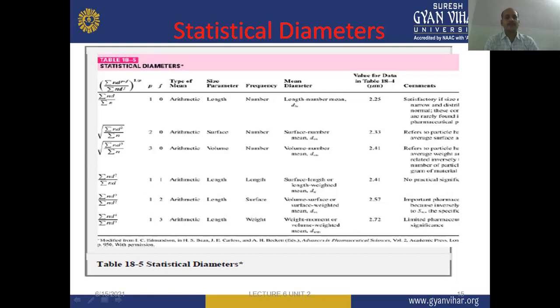When we go through Edmondson's average particle size determination formula, we can put the values of p and f, and find the different formulas for specific parameters in terms of meaningful diameter. The unit of particle size is micrometer.